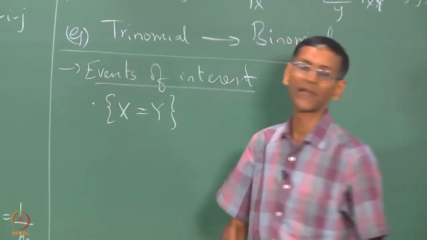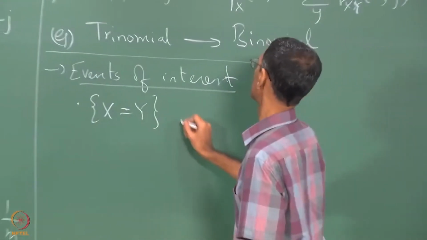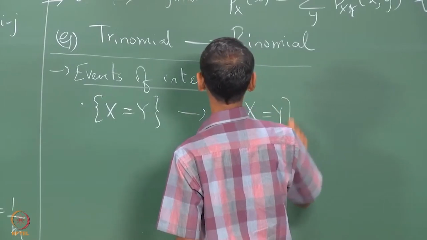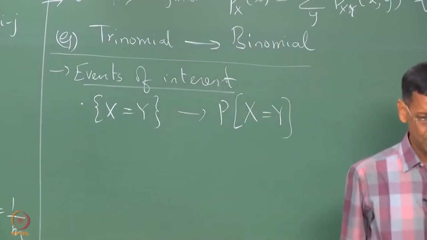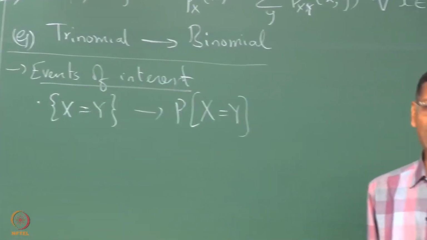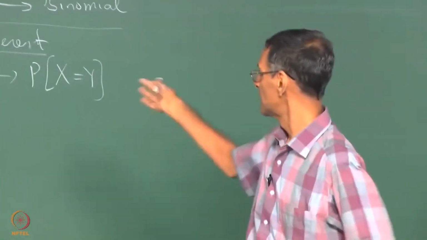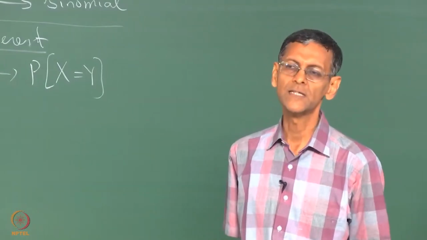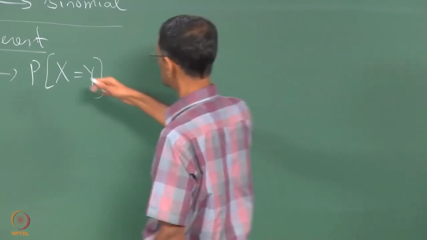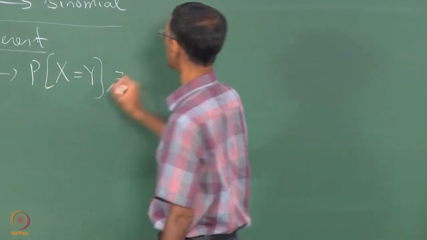In general, how do I calculate this? This has a probability, and we have already said that for the discrete case almost every such combination of points in the space is an event. So, x equal to y is a valid event, one for which we should be able to write out the probability.